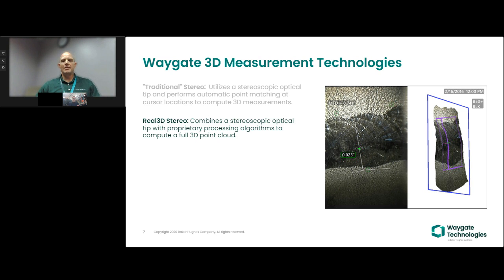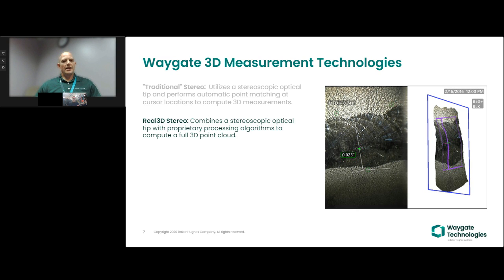This uses the same stereo optical tips, but applies much more advanced processing algorithms, which allows us to create a full 3D surface map and a point cloud, which we mentioned was sort of a cornerstone of real 3D.